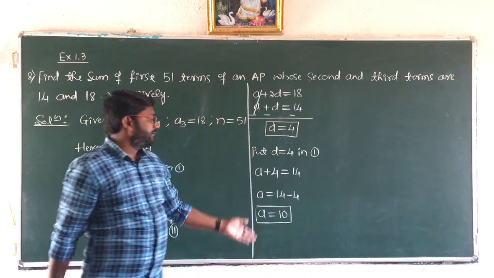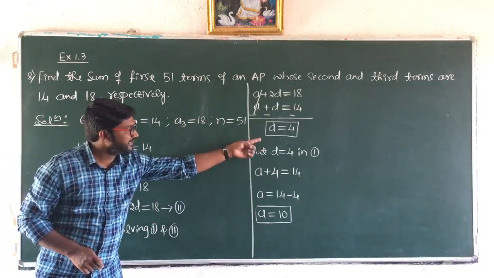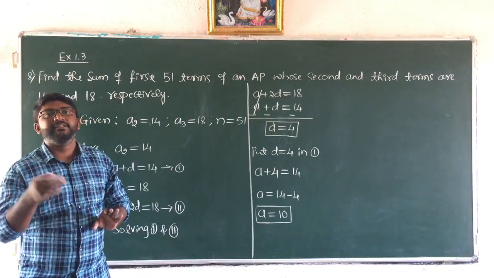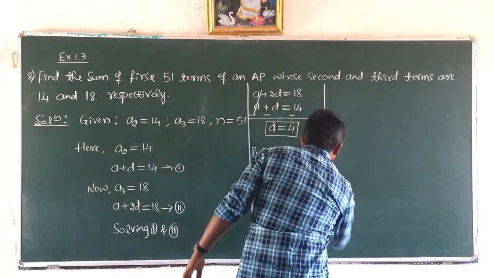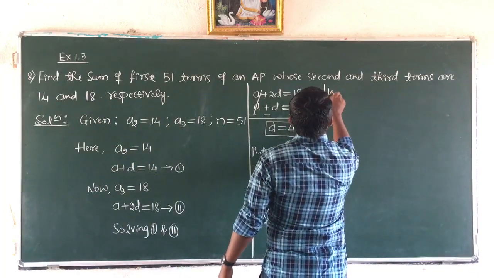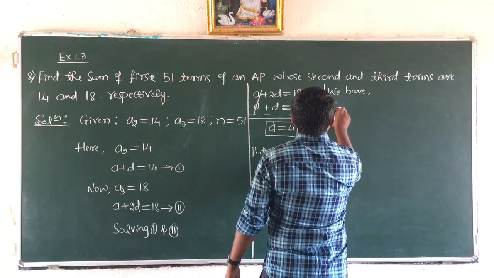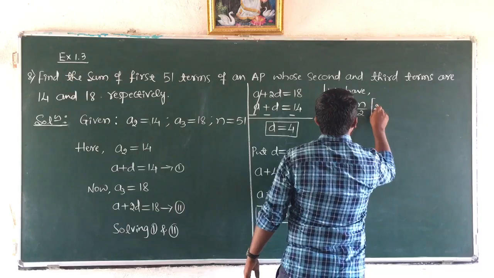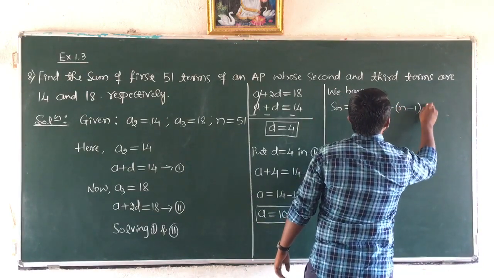So now we know the first term and the common difference. So by making use of first term and the common difference, we can find the S51, that is the sum of first 51 terms. So see here. We have Sn which is equal to n by 2 inside the bracket 2a plus n minus 1 into d.